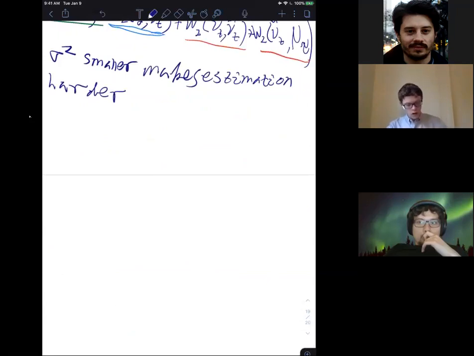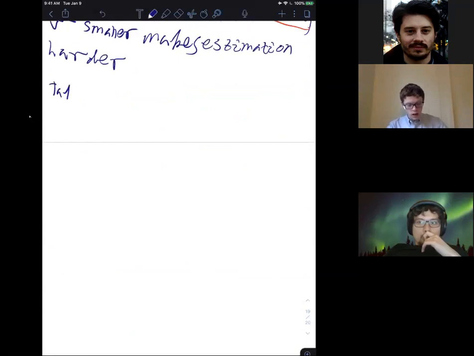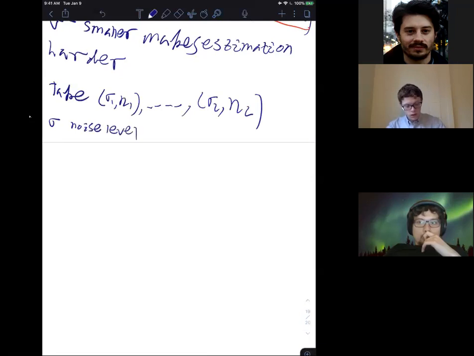Okay, so what they did is that they said, take some pairs, sigma 1, eta 1, all the way to sigma L, eta L, where sigma is the noise level. Remember that eta is the step length, or the step size for the discretization.